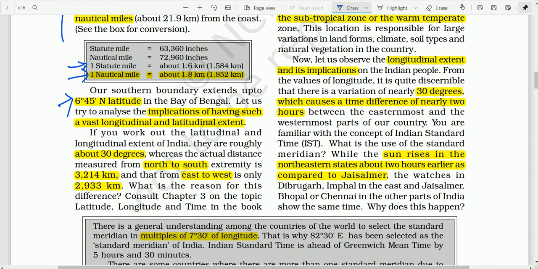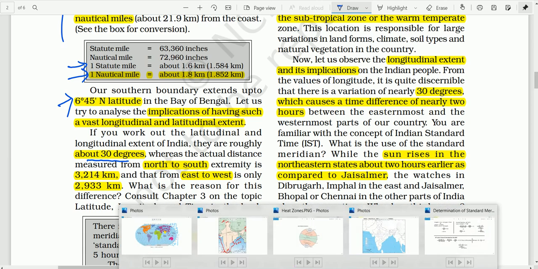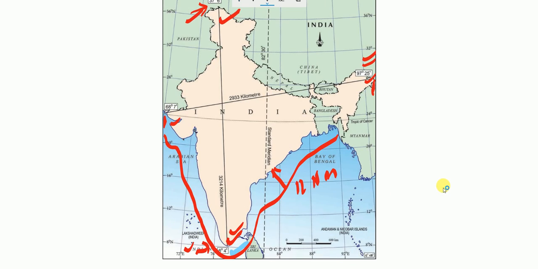Now let us read. If you work out the latitudinal and longitudinal extent of India, they are roughly 30 degrees. Just see the map here. The difference between this and this, or this and this, is 30 degree.